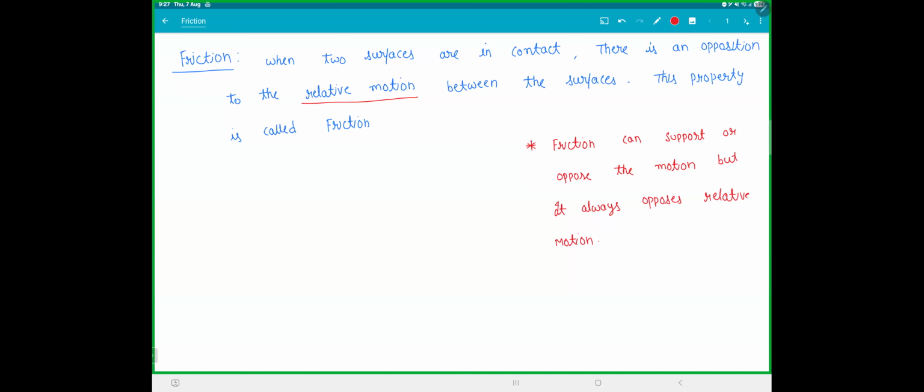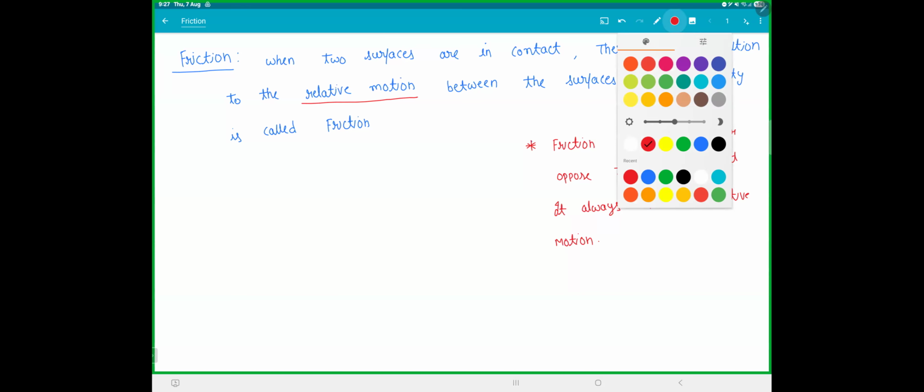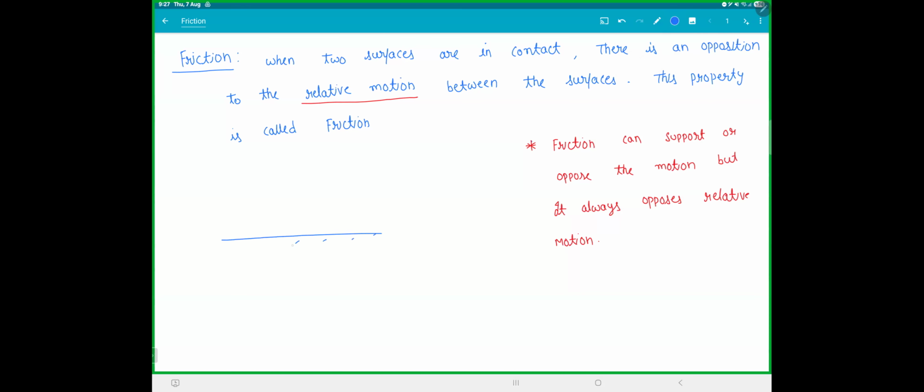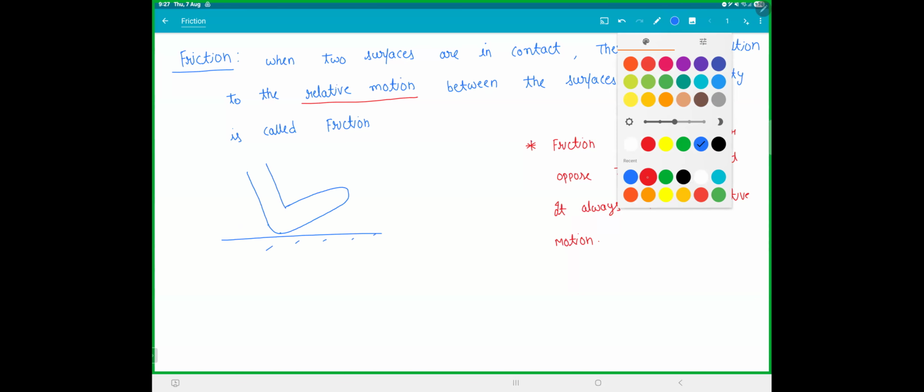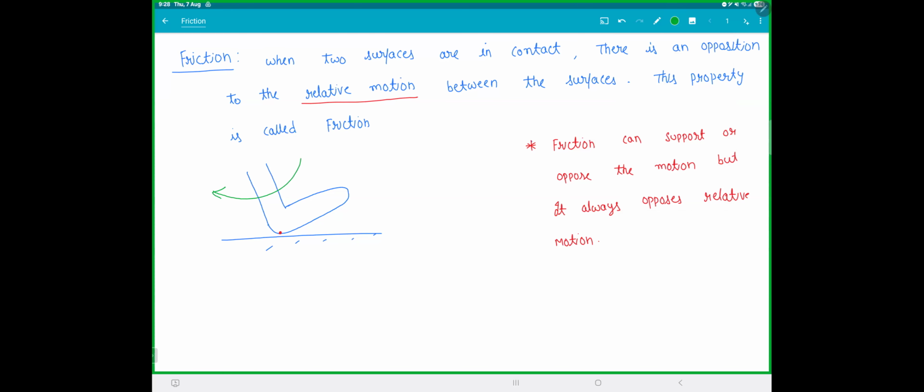Listen to this. When you're walking, observe how your leg moves. When you take your leg and strike it on the ground, look at the bottommost point in contact. When you're trying to move, you're swinging your leg backward, isn't it? The leg is swinging backward.